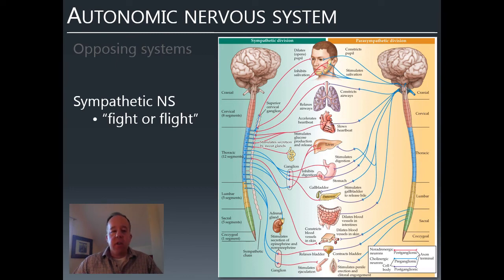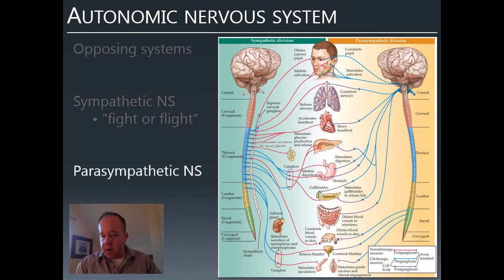Why? Well, because if you're reacting to a predator, if you're trying to run away or trying to get into combat, you don't need to worry about digesting food right now. You don't need to worry about reproduction. Your immune response is also suppressed. So your energy is diverted toward your muscles and your senses because you need to deal with whatever that threat is. So that is the sympathetic nervous system.